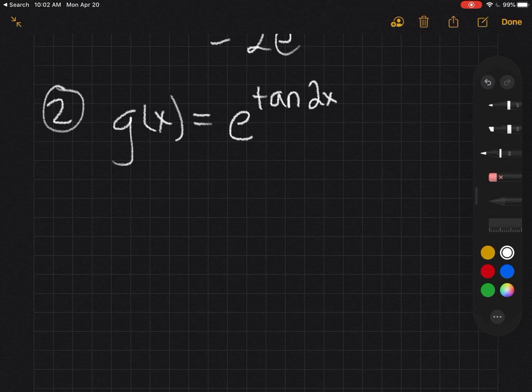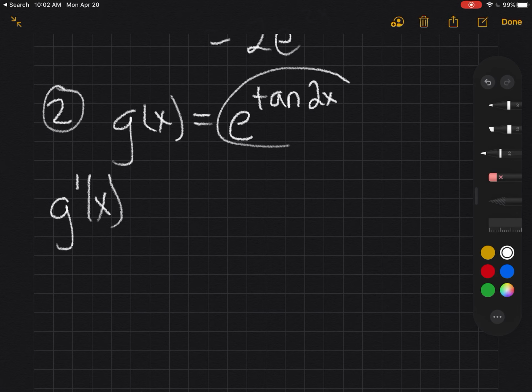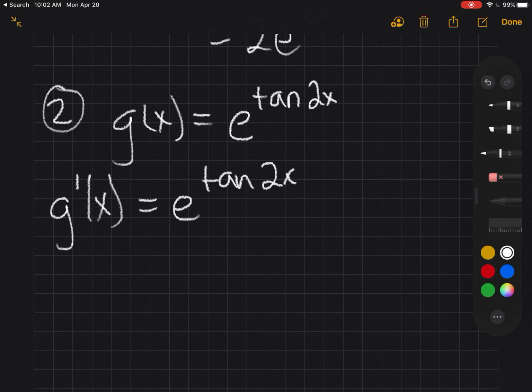That's our first example. Let's do another one. Let's do another chain rule that's a little more complicated. Say I have g of x is equal to e to the tangent of 2x. So this one is going to require us to use the chain rule again.